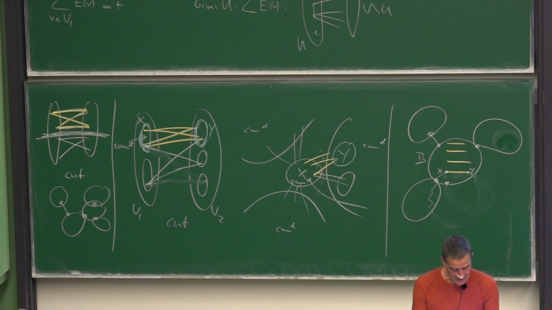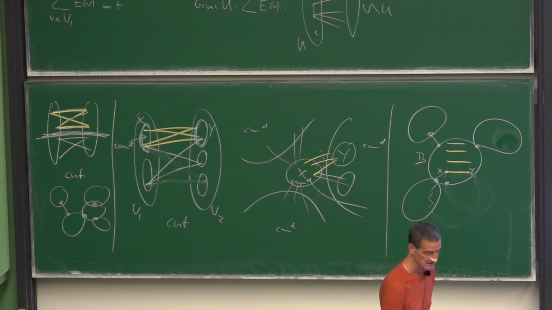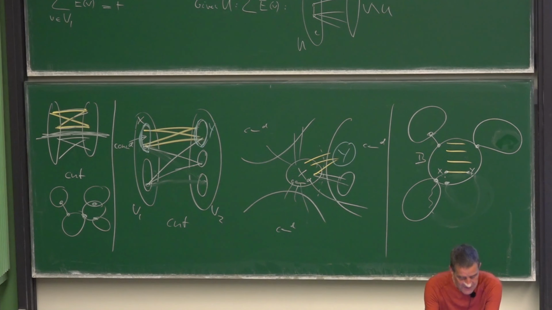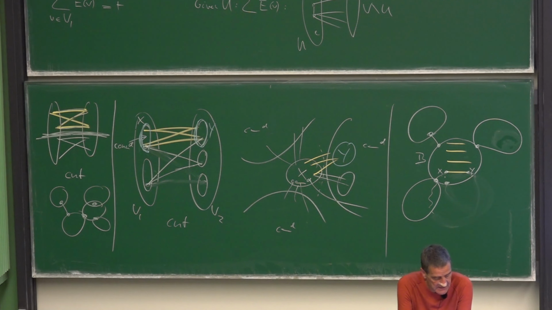Okay, so last little observation. We have some equivalences. For any pair of edges of G, call them little e and little f, the following three assertions are equivalent.